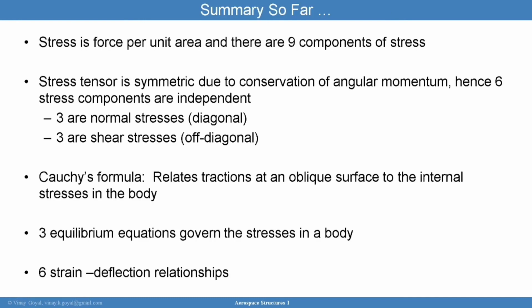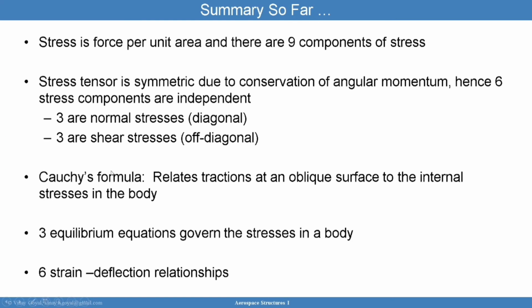Stress and strain relationships. So the summary so far: we have 3 components of normal stress and 3 components of shear stress. The 3 normal stresses are the diagonal terms in the stress matrix. The shear stresses are the off-diagonal terms. The stress tensor is symmetric, and we found that through the conservation of angular momentum.